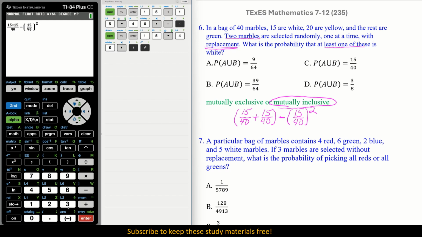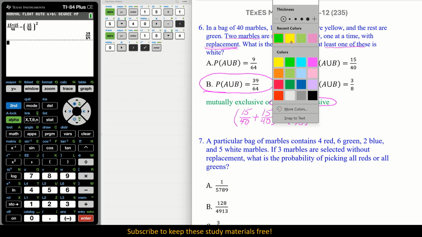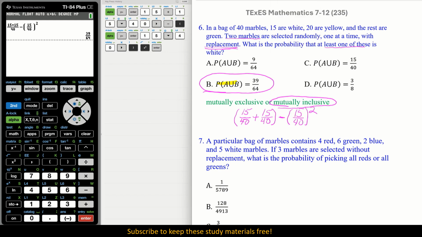All right, let's push enter, and I get 39 over 64, which is B. And also, if you look at your A, B, C, D options, they had the probability of A or B. That should have clued me in immediately that this was mutually inclusive. They asked it and also told me so. And then the situation says that it is.